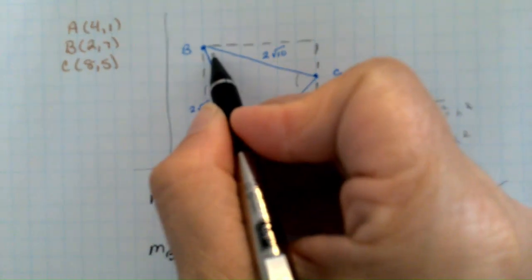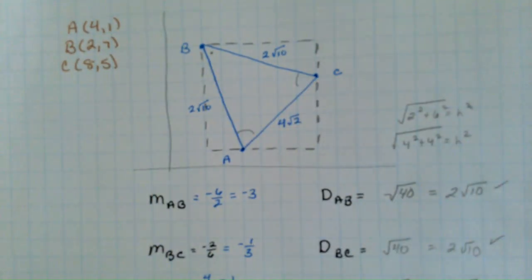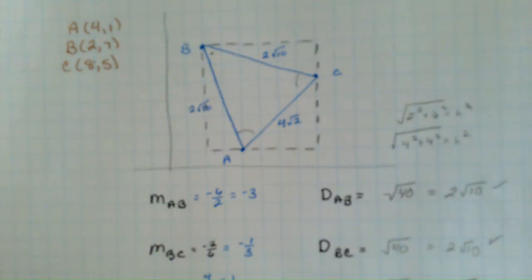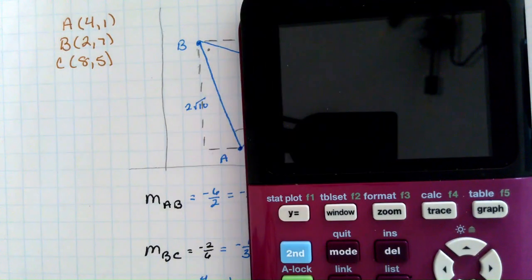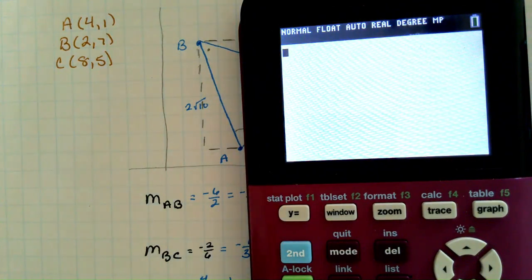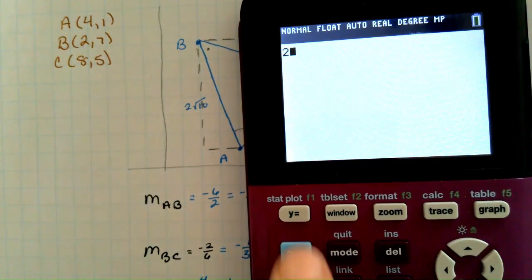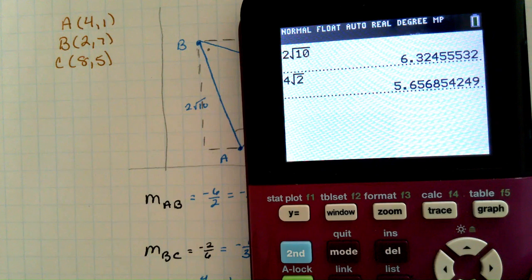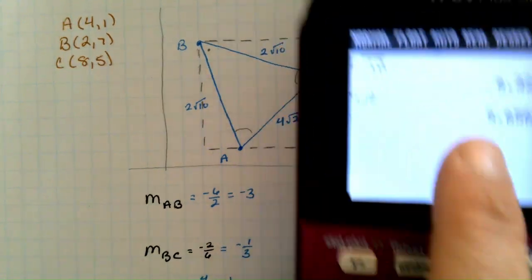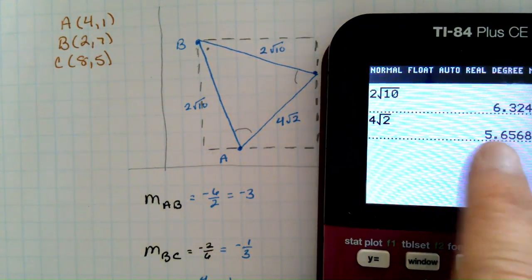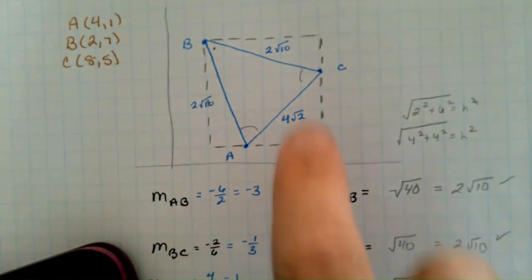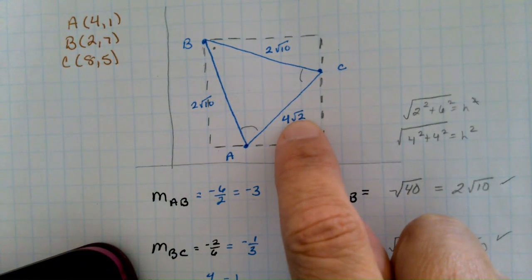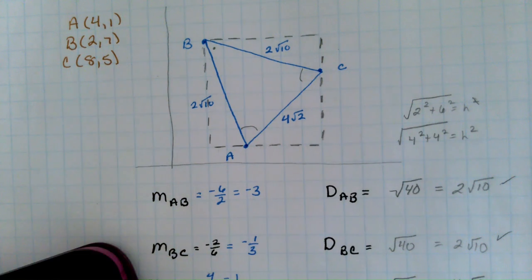So if we could only find the measure of angle B, we'd be solid. However, why do I not want to do that? Actually, if I find any one angle. So 2 square roots of 10 is 6.3, and 4 square roots of 2 is 5.65. So this is smaller than that. So this is the smallest angle, so we will go ahead and find B first.